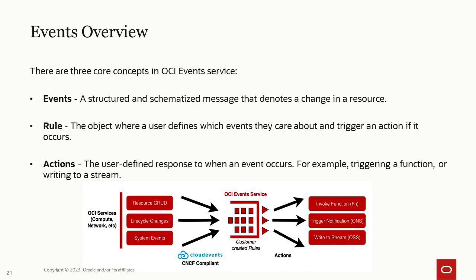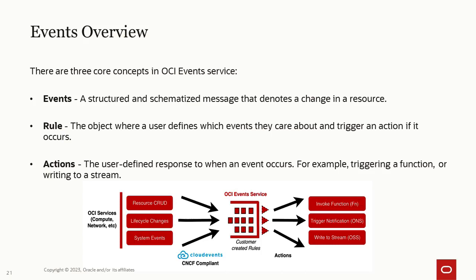You can see in our diagram here on the left-hand side, we have our OCI resources that can all trigger an event. It could be something like a lifecycle state change, or a create, read, update, or delete operation that occurs. And the event rule that's defined by the customer states what action will be triggered once an event occurs.